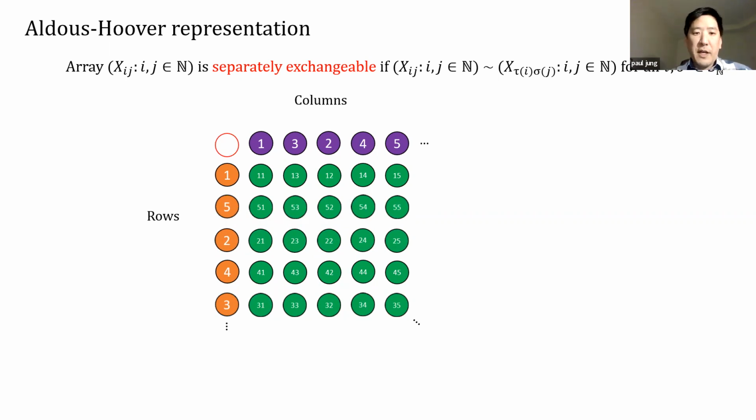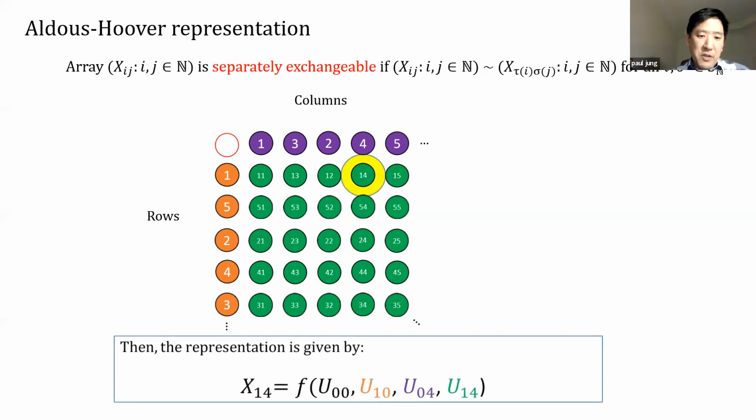of random variables. If that's the case, then Aldous proved that there exists a representation: there exists a measurable function F and a family of IID uniforms, one uniform that controls the overall random function, and one uniform random variable for each row.